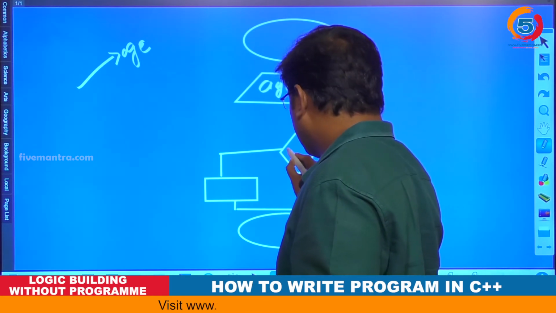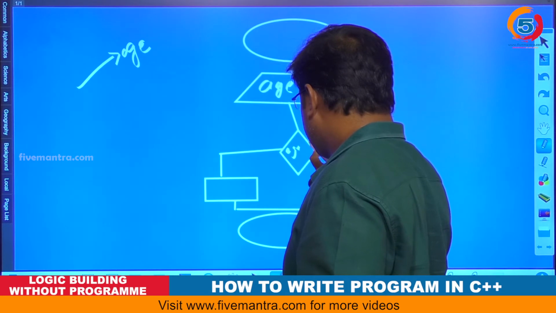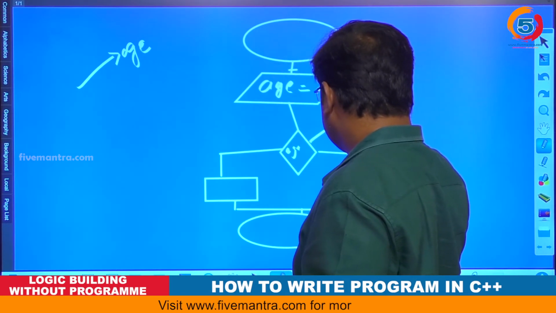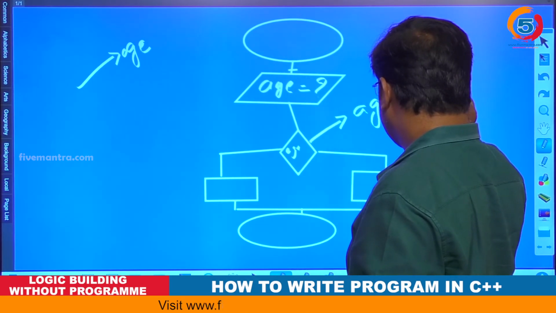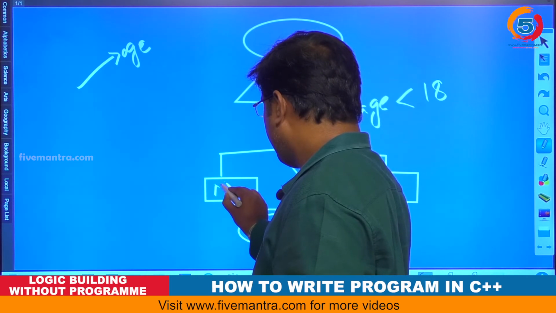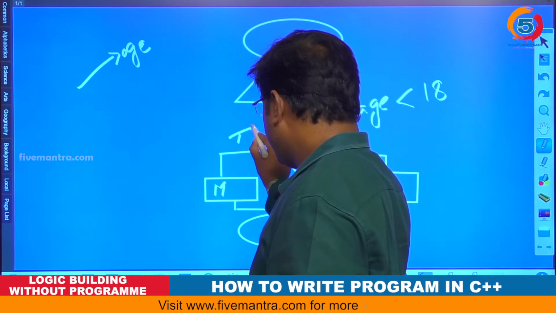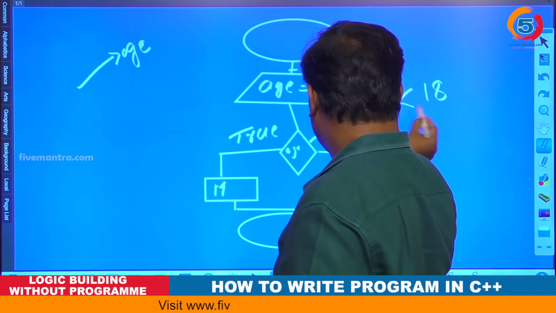Now I'll check that one, that is, the age is... here I'll write the condition like age is less than 18, and when it is true, okay, this is the only condition we have.